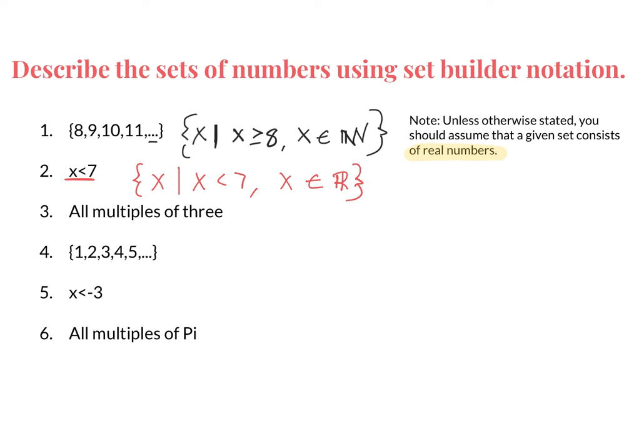So next we're going to do multiples of 3. So in order to get multiples of 3, we're basically multiplying some number by 3. So if we're multiplying some number by 3, I'm just going to put 3n there to say, hey, this is multiples of 3, as a note to self. So I'm going to open up my bracket, x such that x is going to equal, well, multiples of 3 is 3n.